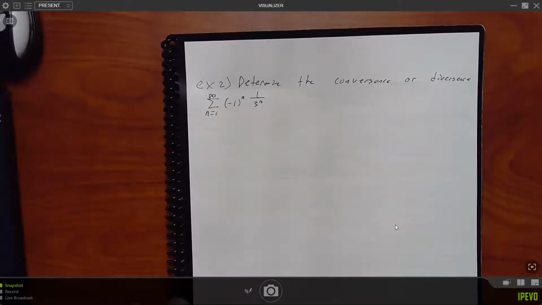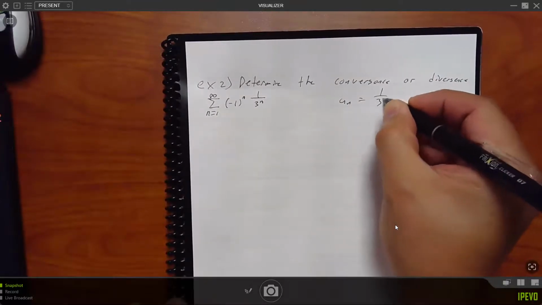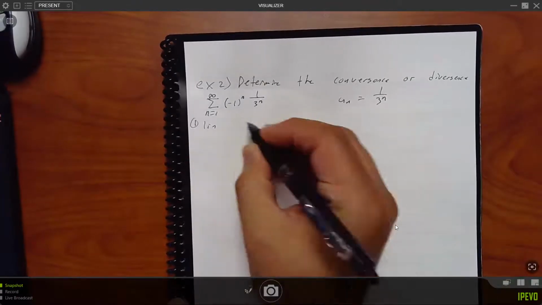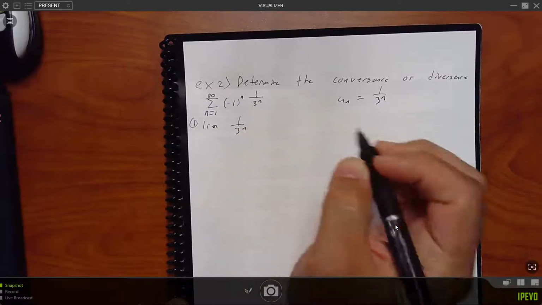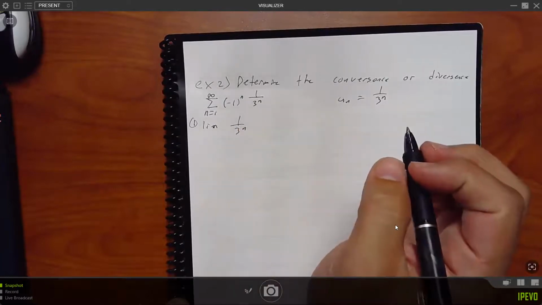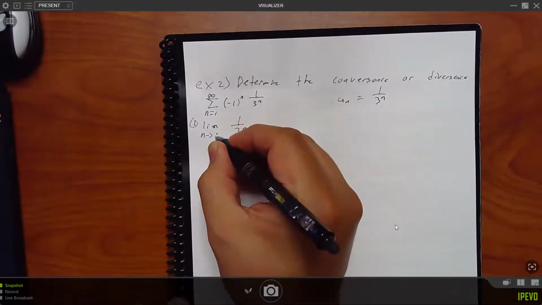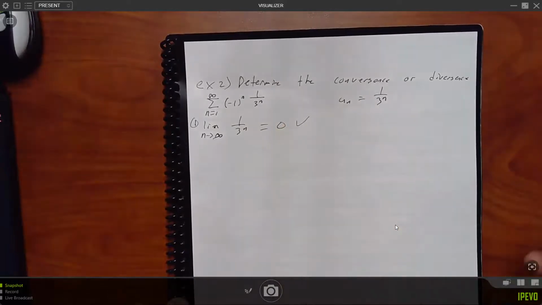All right, so we only look at the sequence, and we determine the limit is 0. So that's number 1, the first thing we check. And it's going to be 0 for sure.